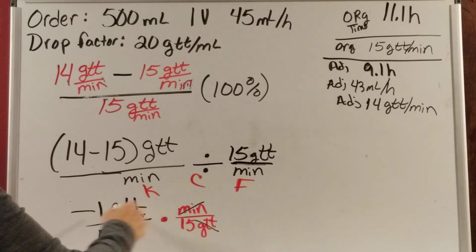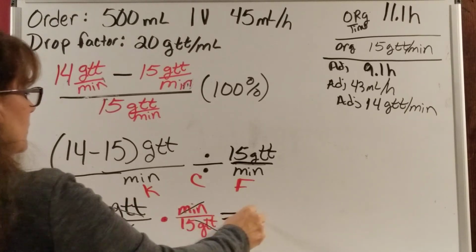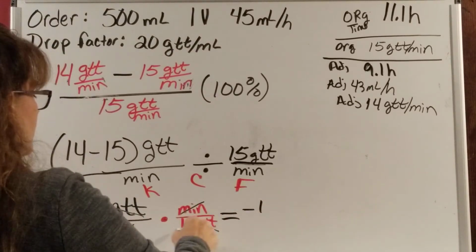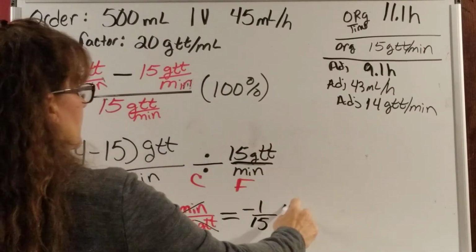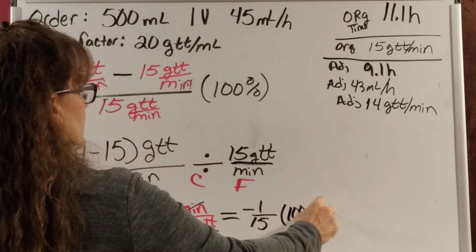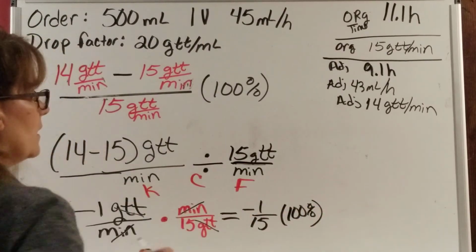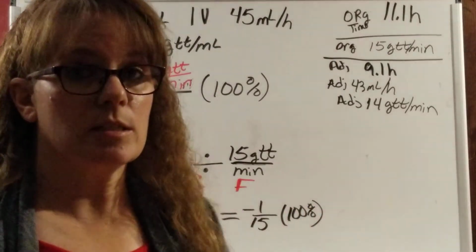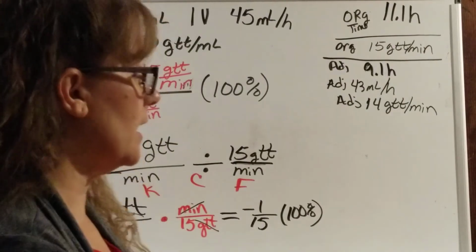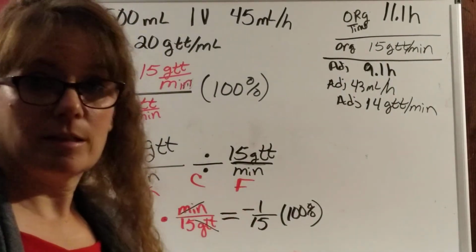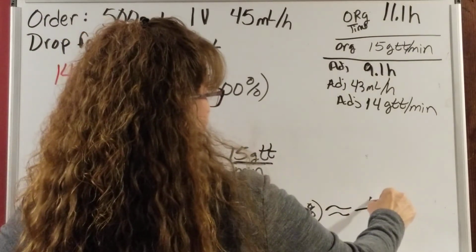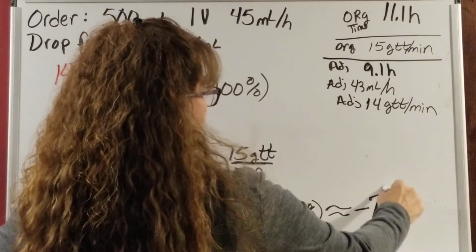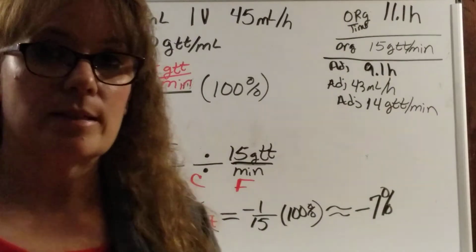And it leaves me with negative 1 times 1 over 1 times 15. And then I'm going to bring this 100% down here and say times 100%. And just to be consistent in this class, I'm going to round to the nearest whole number. So it's a negative 7% variation.